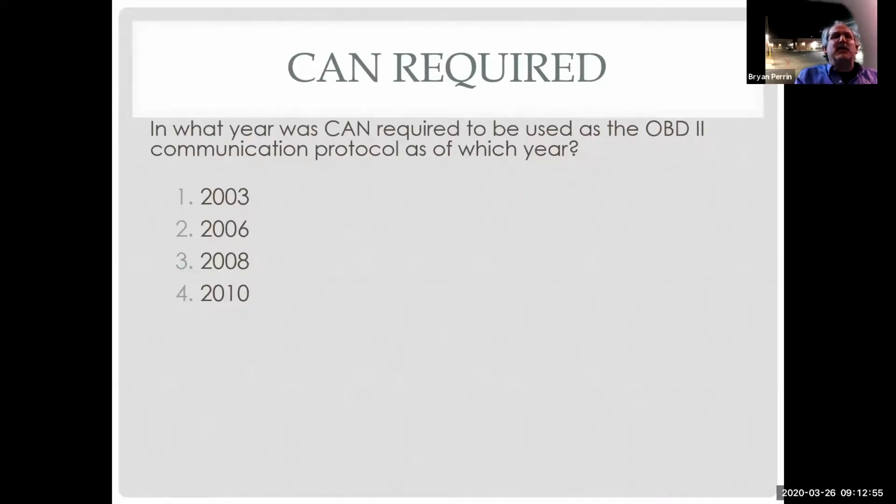Okay, so what year was CAN required to be used as the OBD2 communication protocol? 2008. Write it down on your sheet.